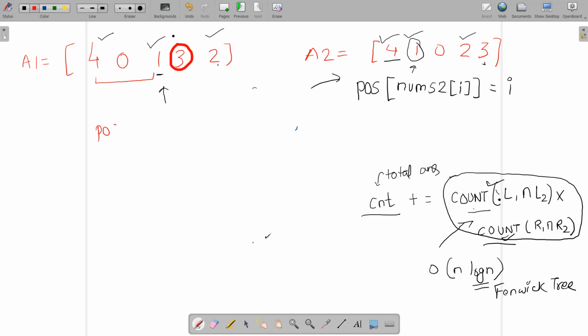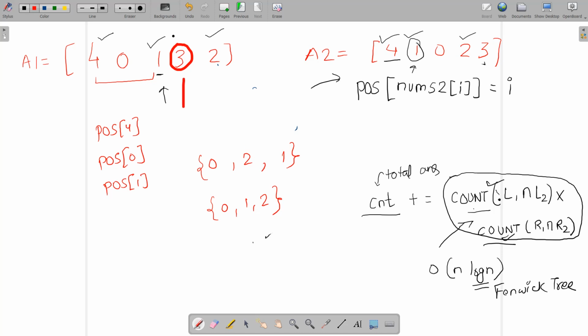So the ordered set will store the position of 4, the position of 0, and the position of 1 in a sorted form. So the position of 4 in the array A2 is 0, the position of 0 is 2, and the position of 1 is 1. But this is not the sorted form, so the ordered set will store it like this one. Okay, so this was for the 3.